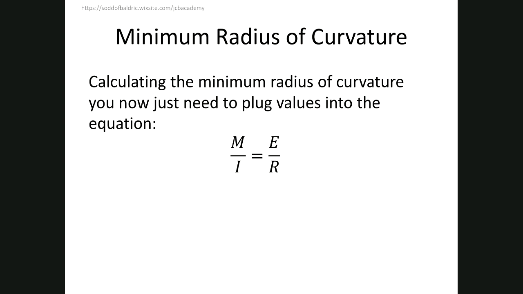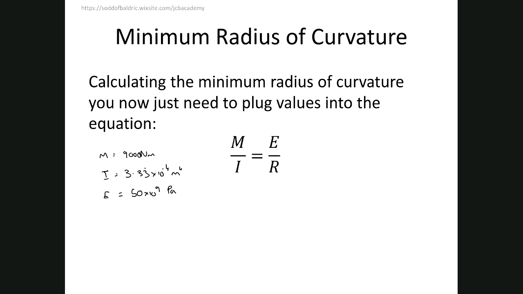So if we plug in what we know, I is 3.33 recurring times 10 to the minus 4 meters to the 4. E is equal to 50 times 10 to the power of 9 pascals.